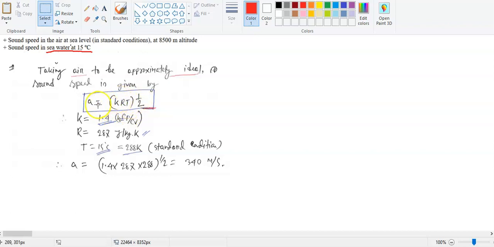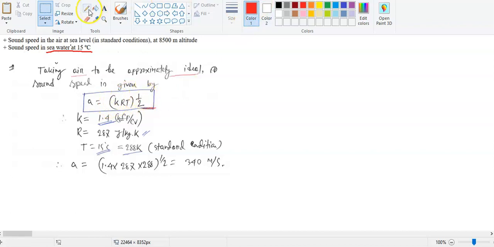If you ask me how you got this equation, you will get it in your book, or you can see some physics or chemistry books. I think it is in your book. You just look it up, and you will get all the equations, actually how to derive this.